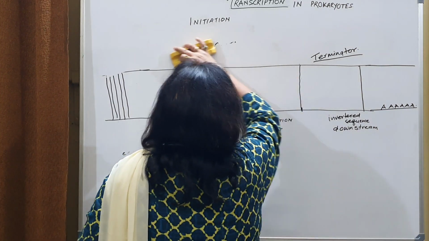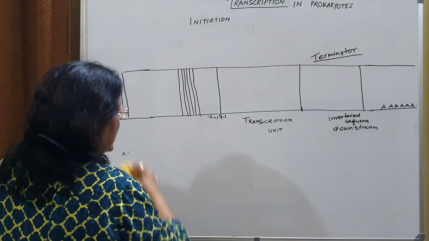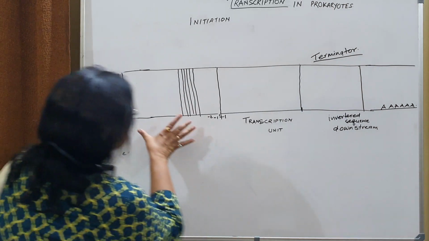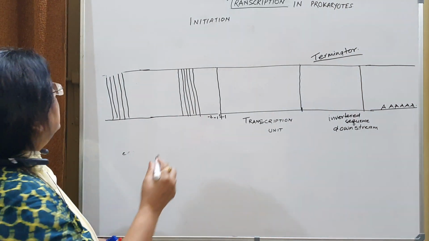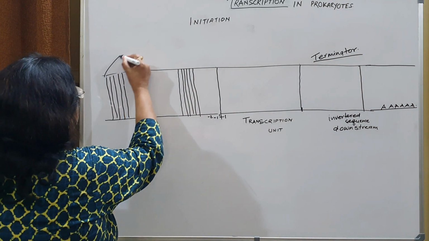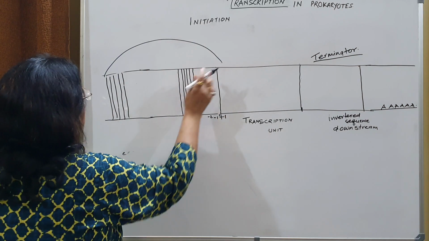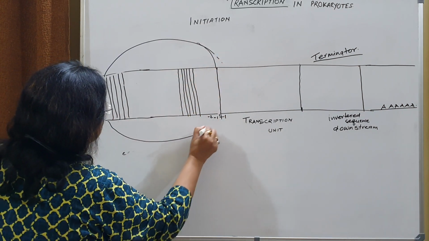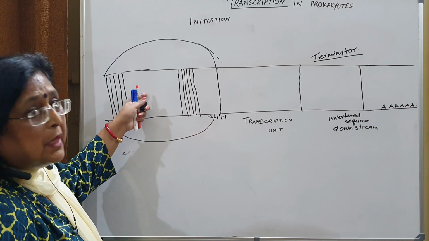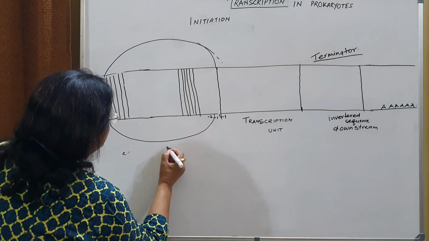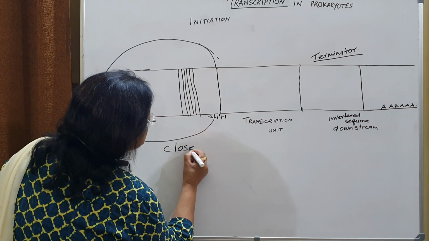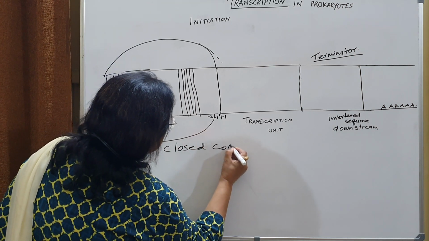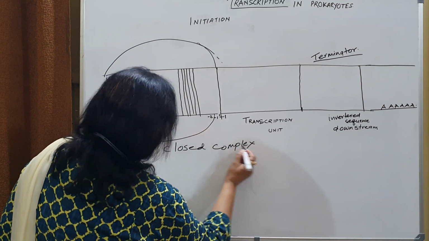This is the initiation site or the promoter site, these two. So what will happen, the RNA polymerase will join over here at the promoter site and will form a closed complex.